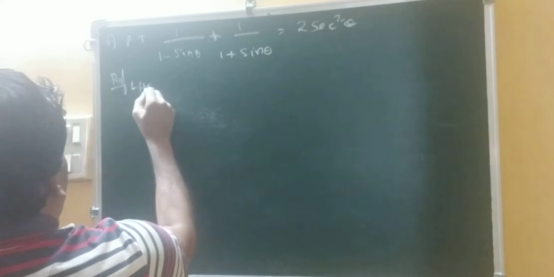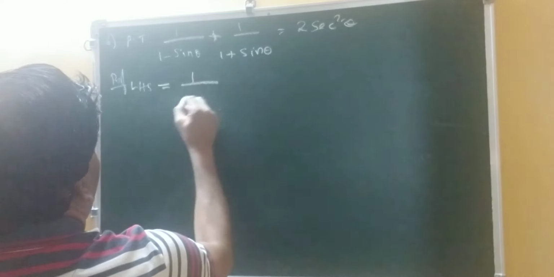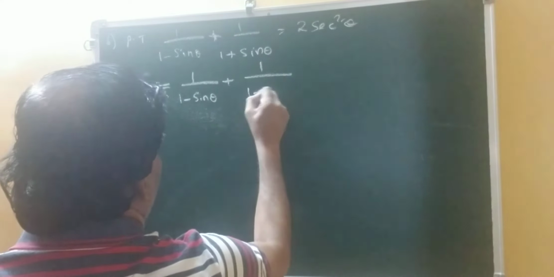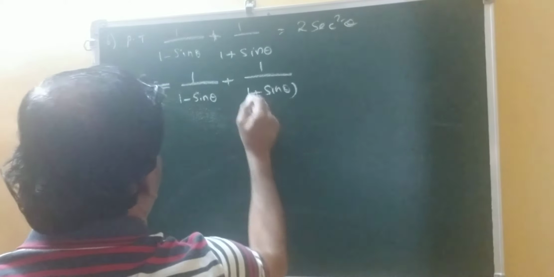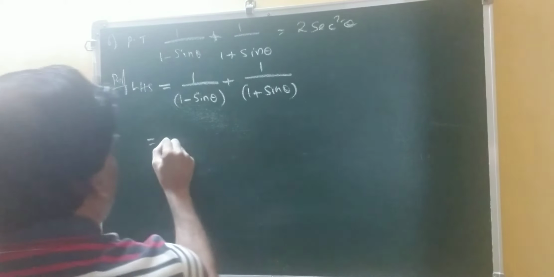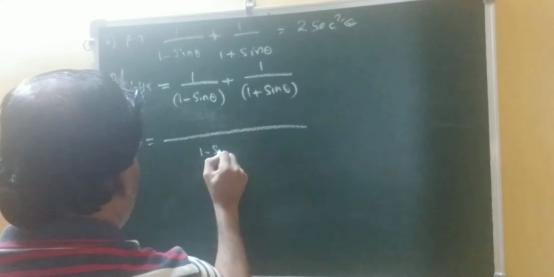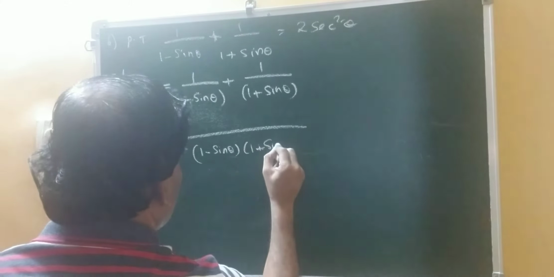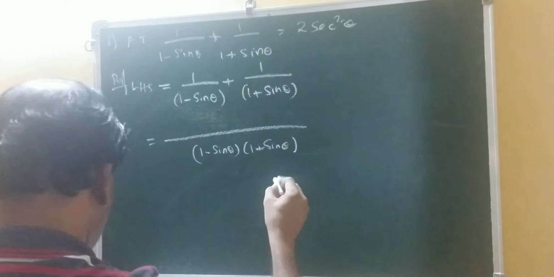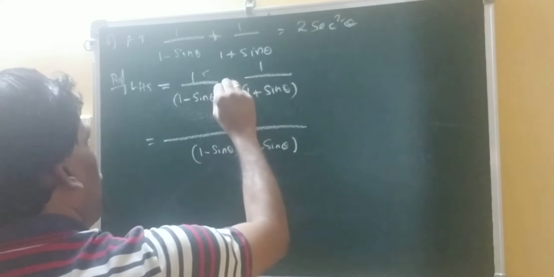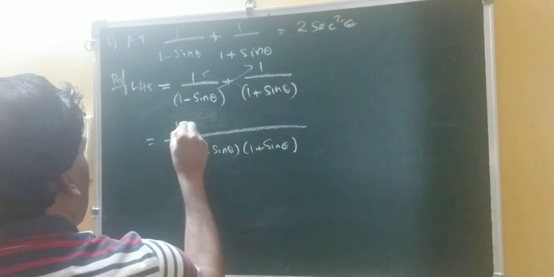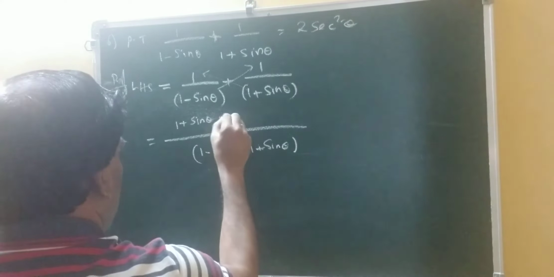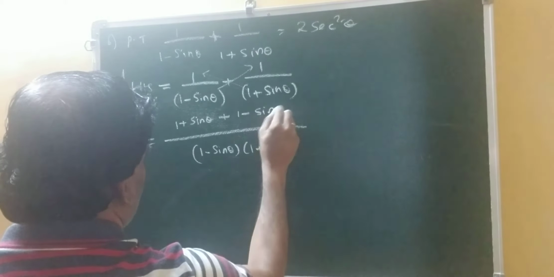Left hand side equal to 1 upon 1 minus sin theta plus 1 upon 1 plus sin theta. Now we will be taking the LCM: 1 minus sin theta into 1 plus sin theta. Now cross multiply. So 1 plus sin theta plus 1 minus sin theta.